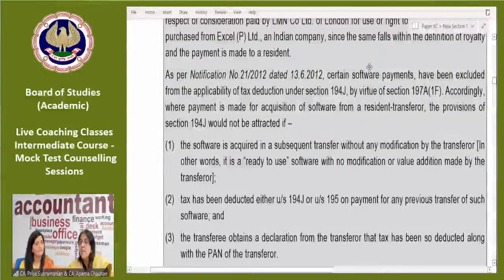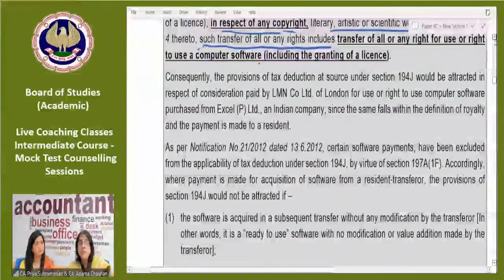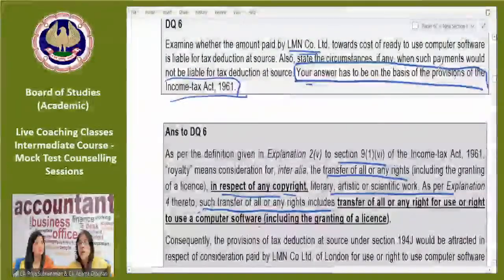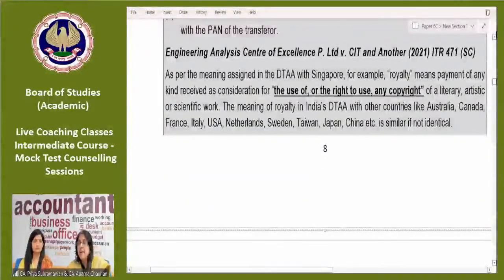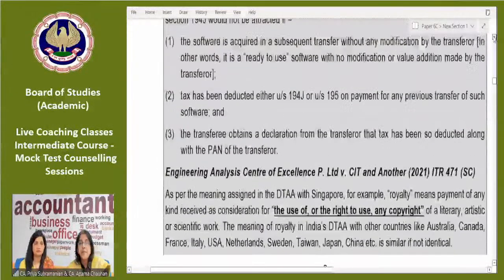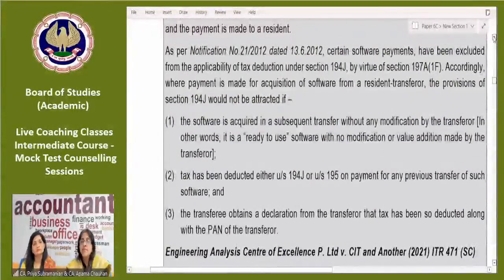But the second part of the question asks us whether there are any circumstances when such payments will not be liable to tax at source. CBDT has provided that in case of software acquired in a subsequent transfer without any modification by that transferee.